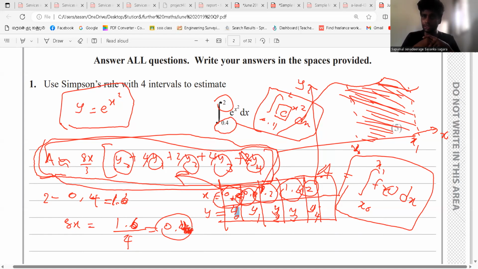The approximation is that we try to fit a couple of parabolas. A couple of parabolas means, in this case, we are asked to maintain 4 intervals, so we will fit 4 best fitted parabolas. We will split this into 4 equal parts.